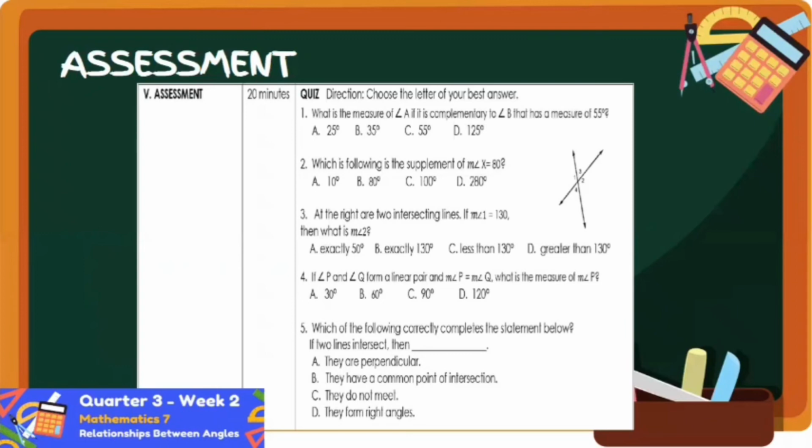Number 5. Which of the following correctly completes the statement below? If two lines intersect, then A, they are perpendicular, B, they have a common point of intersection, C, they do not meet, or D, they form right angles.